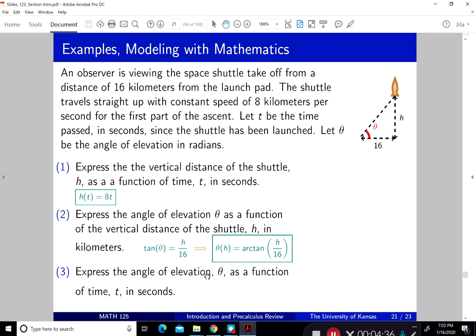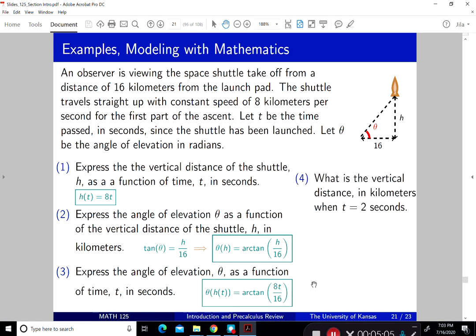So if I want to express theta as a function of t, I need a composition of the two functions, theta of h of t. The composition of functions becomes arctan of, instead of h, 8t over 16, right? It was h of t, so it would be basically 8t.